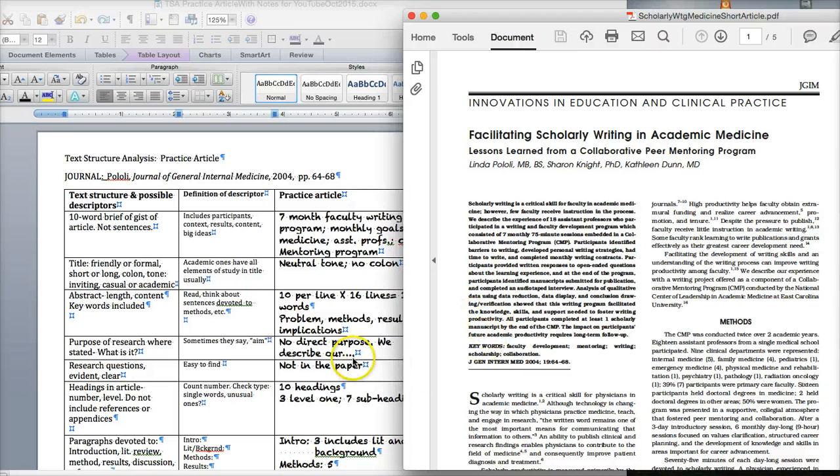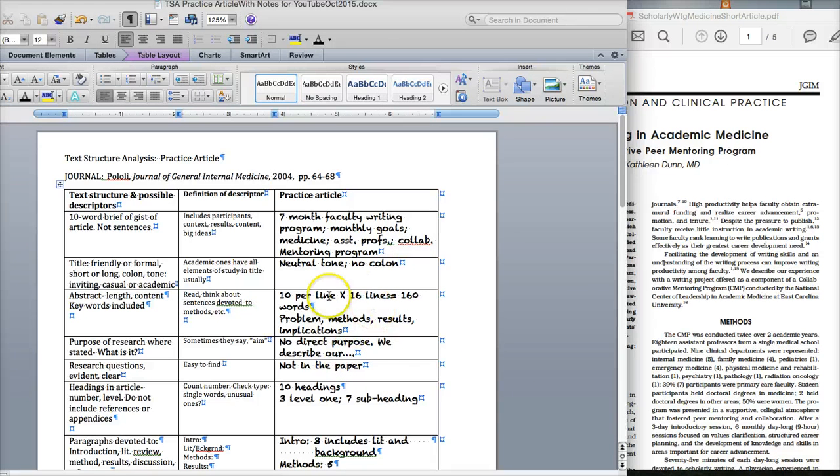So a good abstract will actually follow the typical pattern of a research article. It's problem, methods, results, discussion, implications. And this one does that.